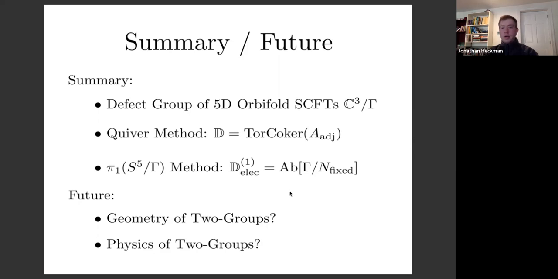So for the future, I think two very natural things to look at: this is all great, but this was for the one-form symmetry. We saw hints that in the orbifolds, it seems to know about, via the group action's own short exact sequences, something about two-groups. So it'd be very nice to see in the geometry itself how those two-groups are encoded, or if they're not, what hints we have for the detection of the two-group directly from geometry.